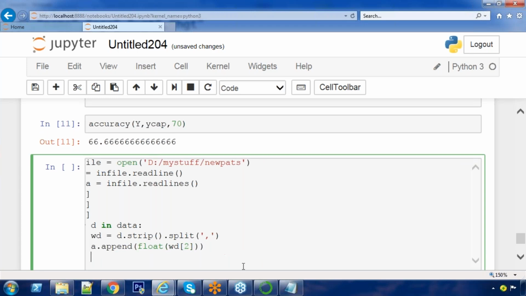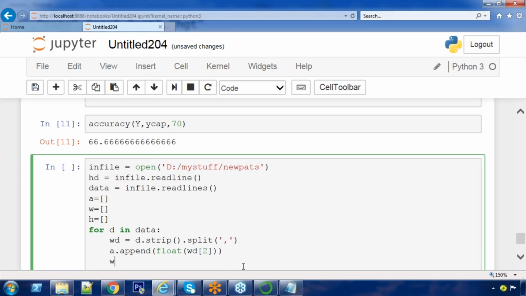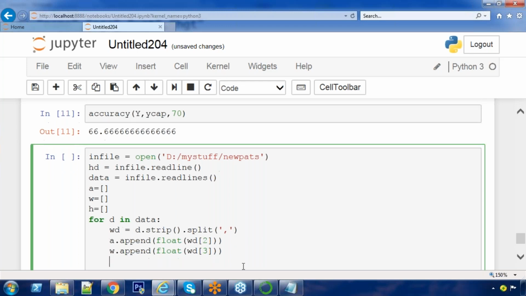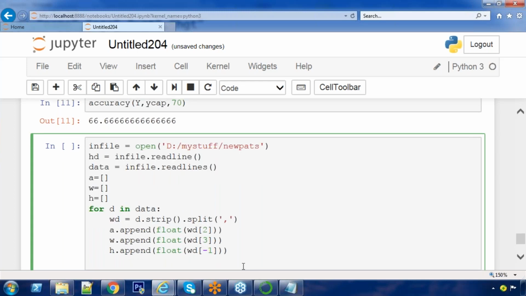Two for age, three for weight, and minus one, which is the last one, for height. After the loop, all these entities are ready. Understand?